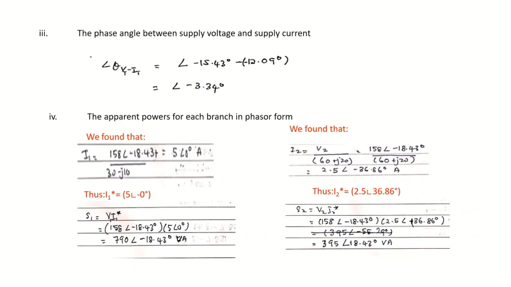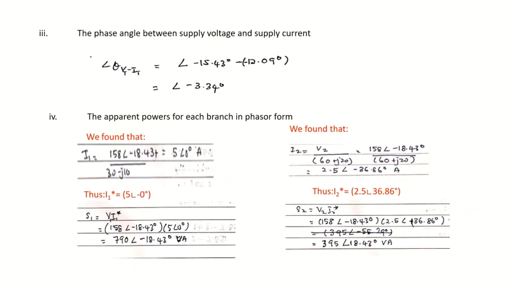So for the second apparent power, S2, the same formula is used. So V2 times I2 conjugate, since V2 is equivalent to V1.